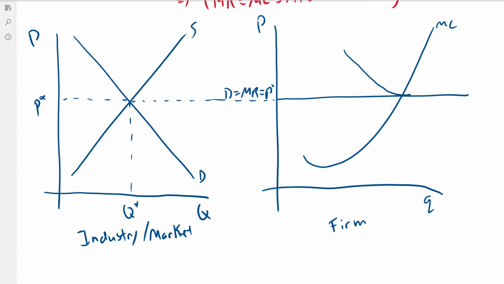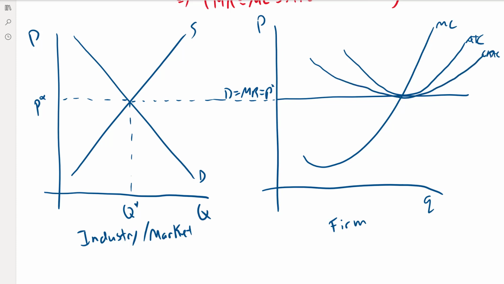Our conditions mean that we need zero economic profit. So marginal cost has to pass through this minimum point of the average total cost at exactly this P star. And then we just need one more curve, which is this long run average cost curve.